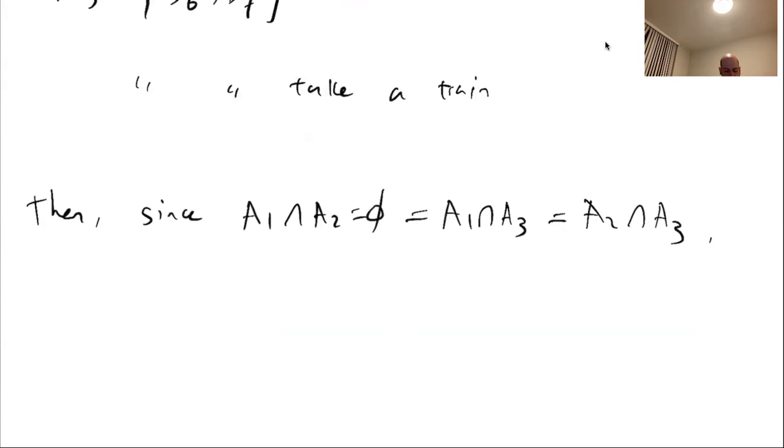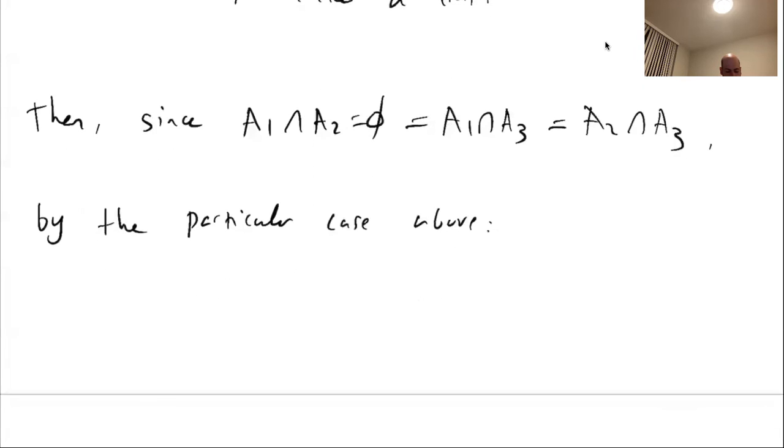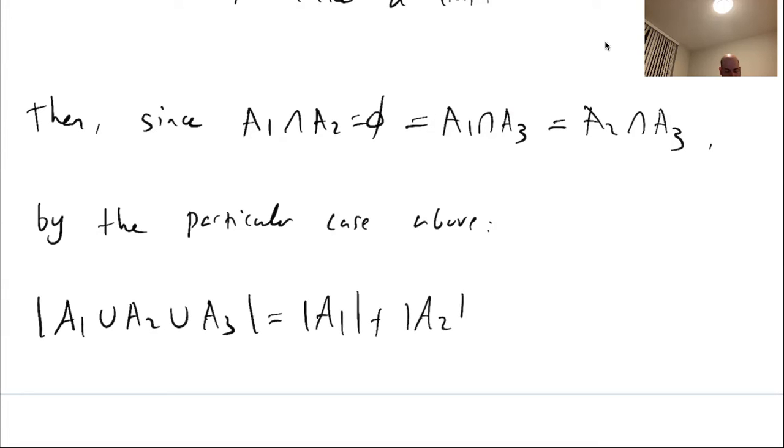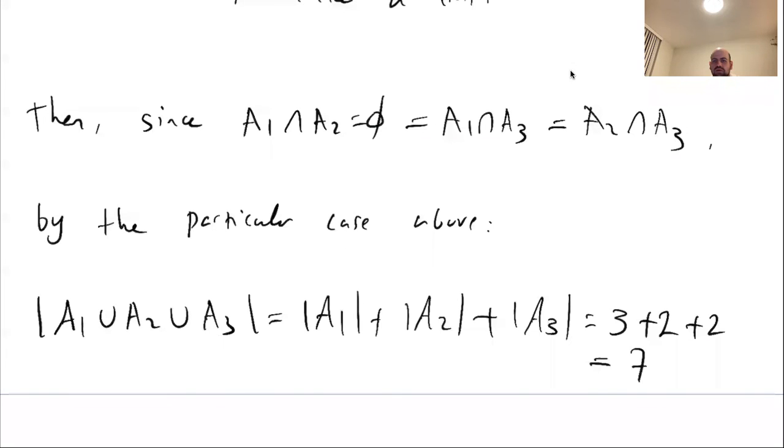Then by the particular case above, we can say that the number of elements in A1 union A2 union A3 is the number of elements in A1 plus the number of elements in A2 plus the number of elements in A3. So 3 plus 2 plus 2, which is equal to 7.